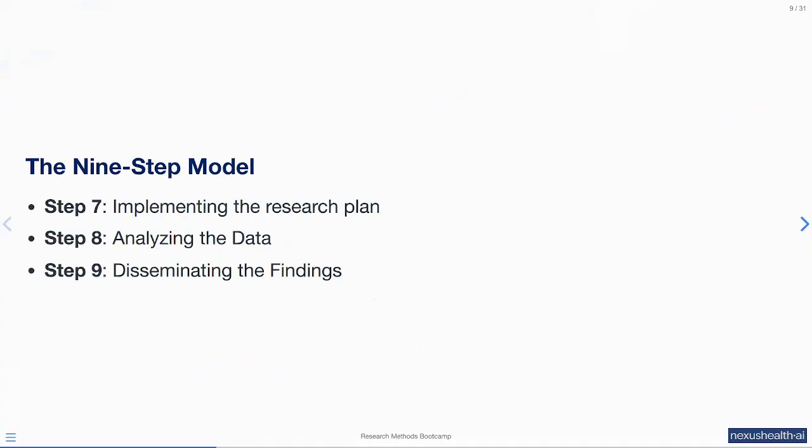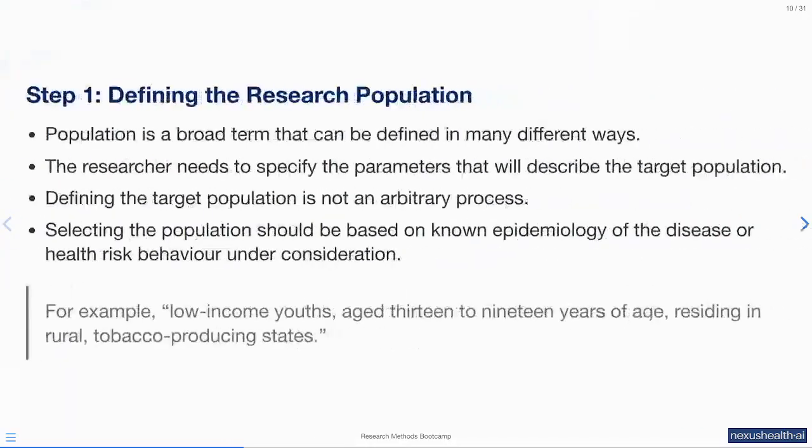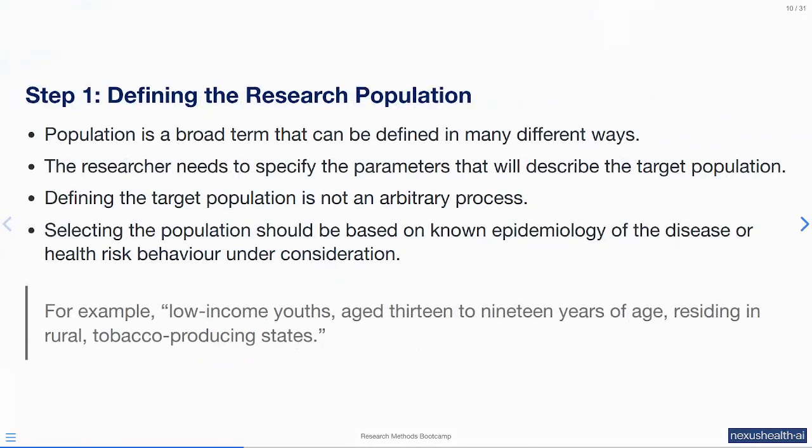It is very important to understand that in this 9-step model, we move sequentially from step 1 all the way to step 9 in order to have a successful research output. We shall look now in more detail at each of these steps.